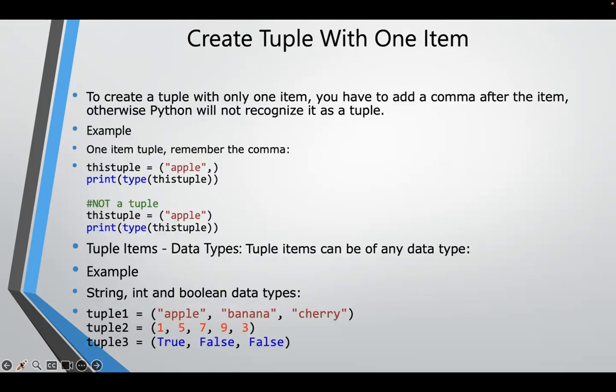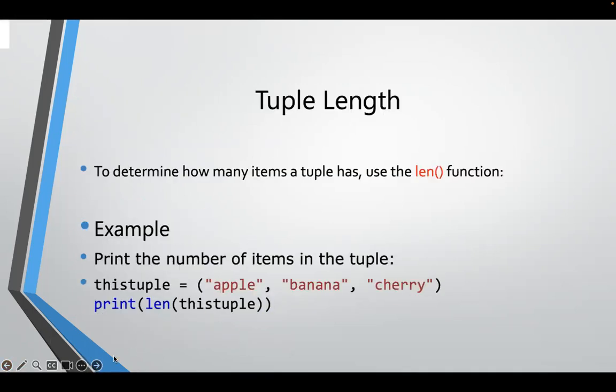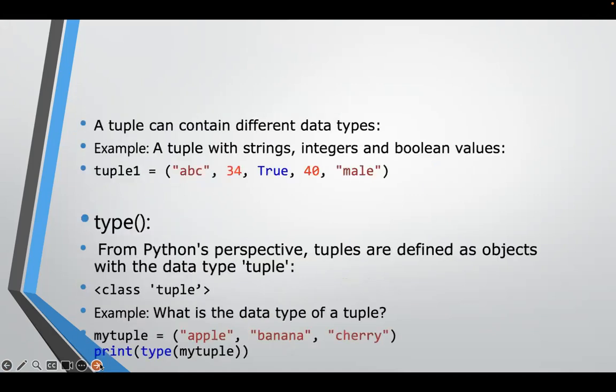So now let's see some examples here. A tuple can contain different data types. For example, my tuple with strings, integer, Boolean: tuple 1, ABC, 34. The same as a list, it can also be of any data types.